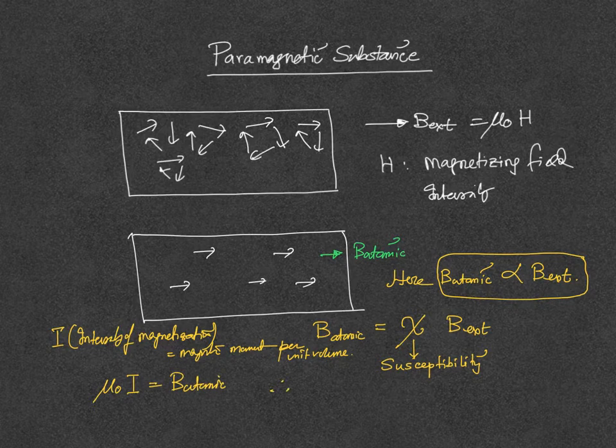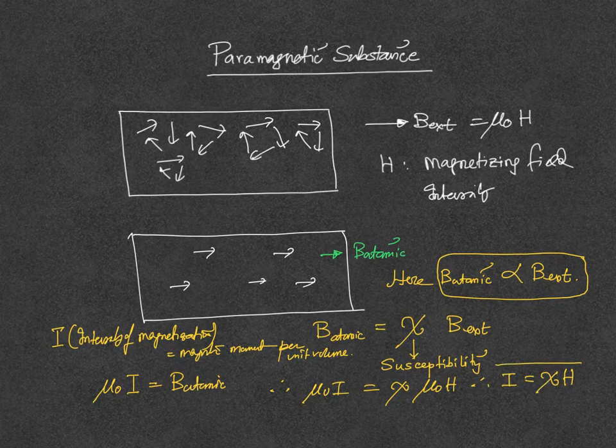So therefore if you substitute this, B atomic is mu 0 into I equal to susceptibility into B external, mu 0 into H. So therefore I is equal to susceptibility multiplied by H. Remember, in ferromagnetic substance, I is not proportional to H. The relation is very complicated.